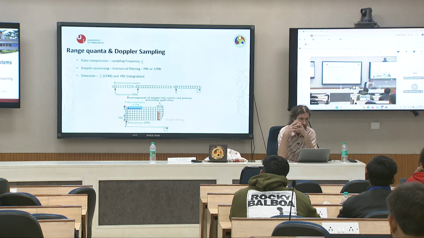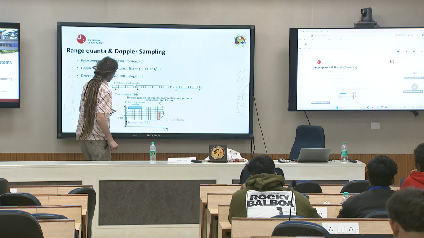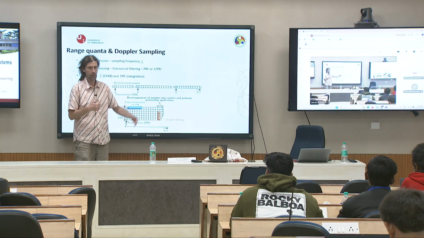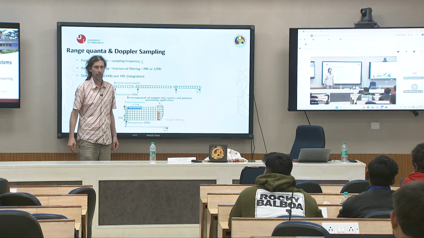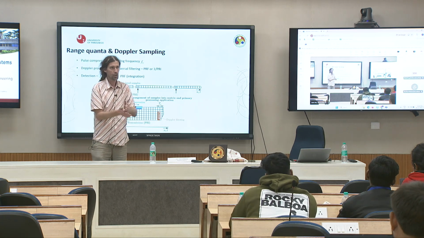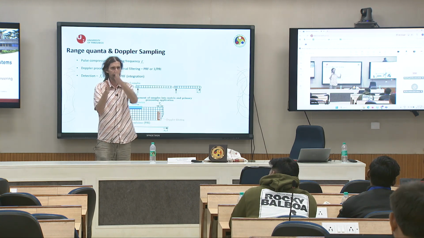So now we will go to range quanta and Doppler sampling. Imagine this is one PRI, one pulse. What will I do after I receive the pulse? Sampling. So once, one PRI is sampled.